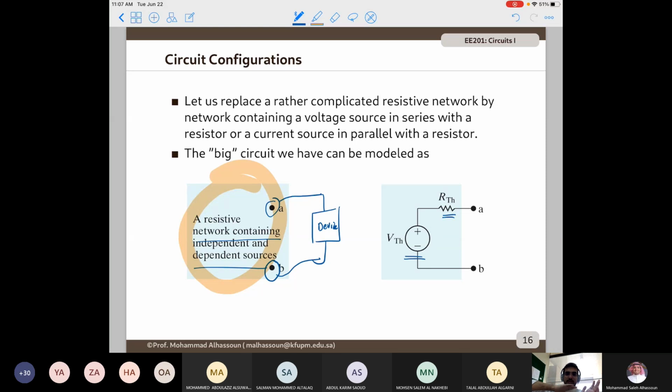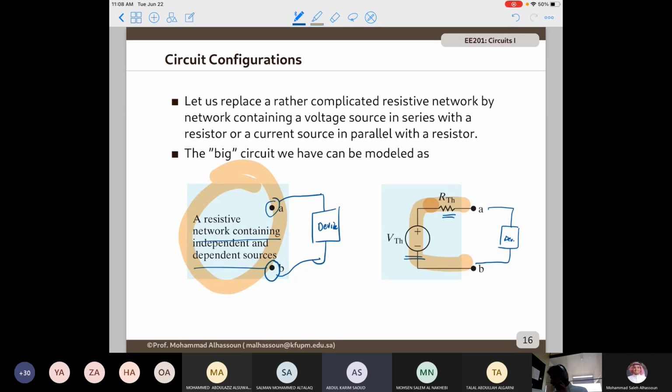So you say that I can represent the entire system from the power generation to the power outlet using a voltage source in series with a resistor, and then you connect your device. Is it clear now?